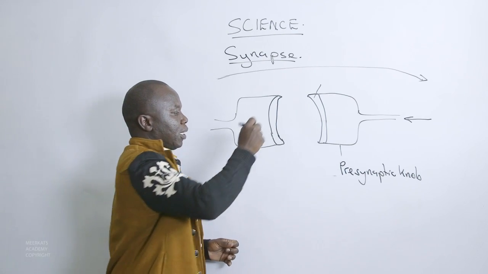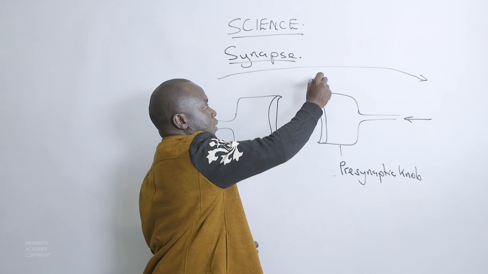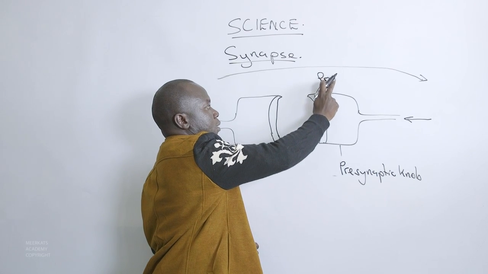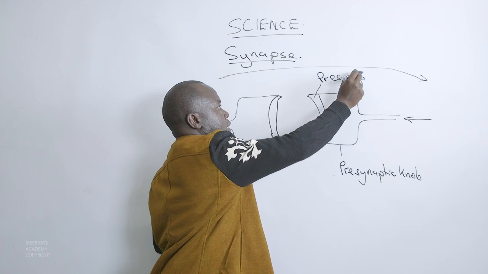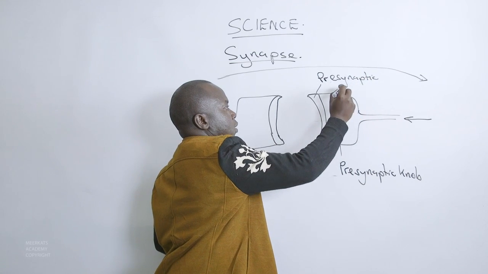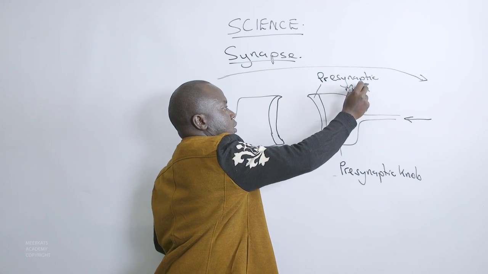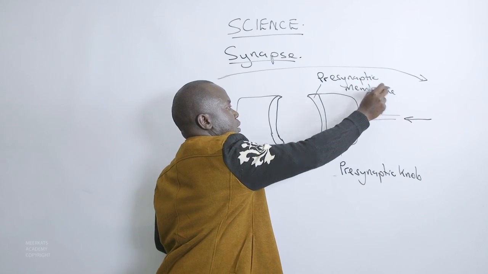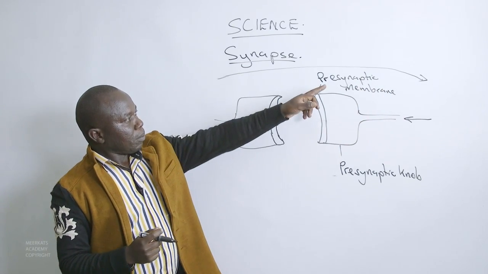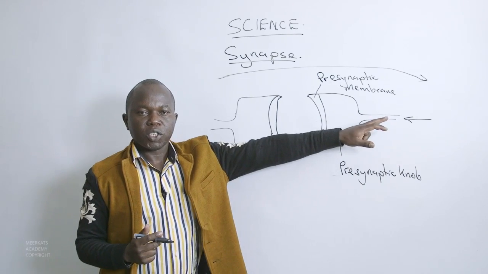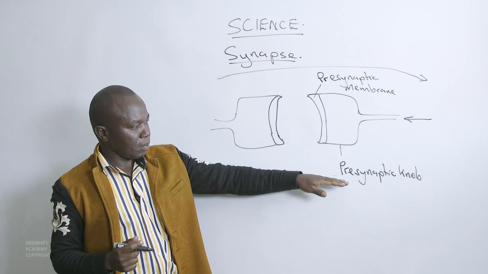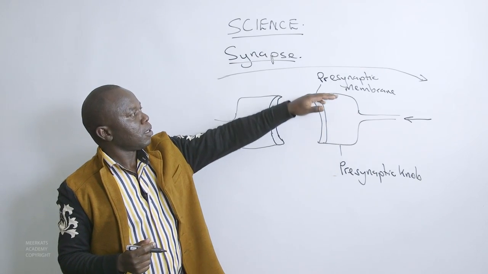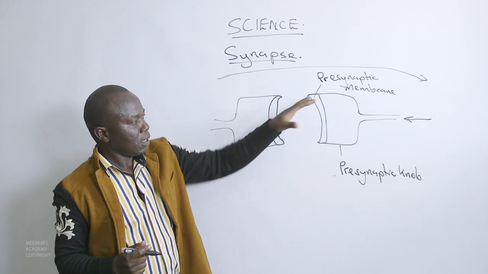It's called presynaptic membrane. So they are labeled according to the direction of the nerve impulse. If it is flowing from this direction, then this one becomes presynaptic knob, presynaptic membrane.